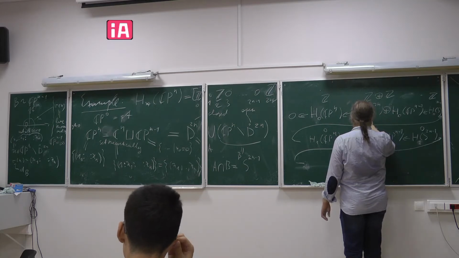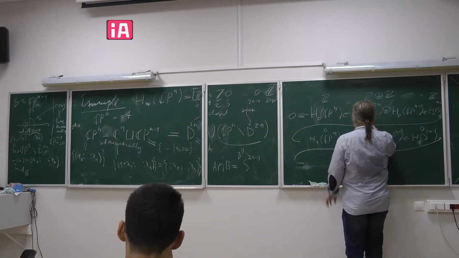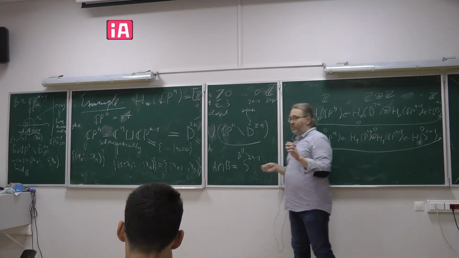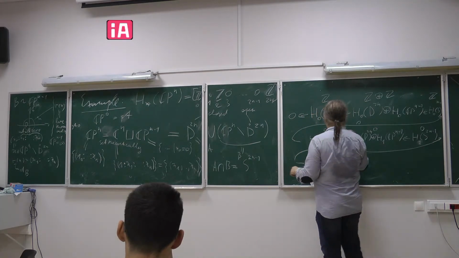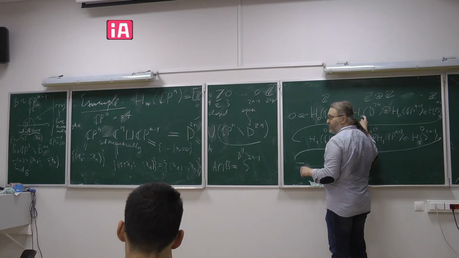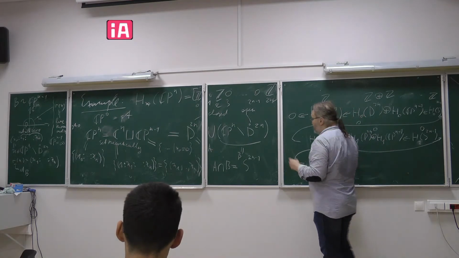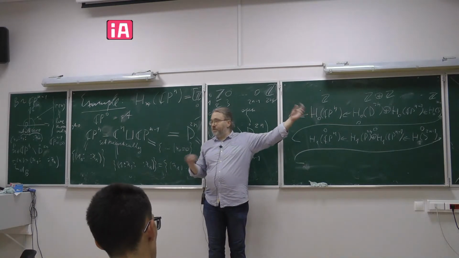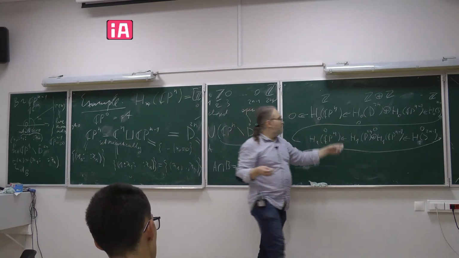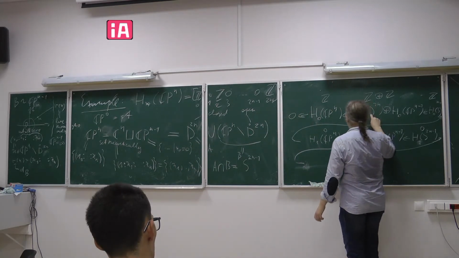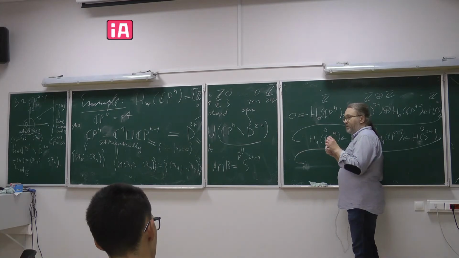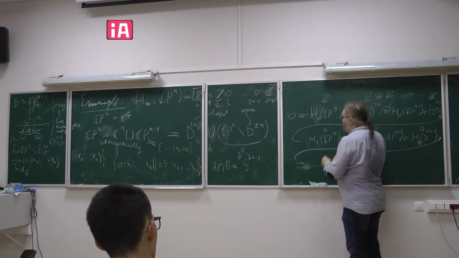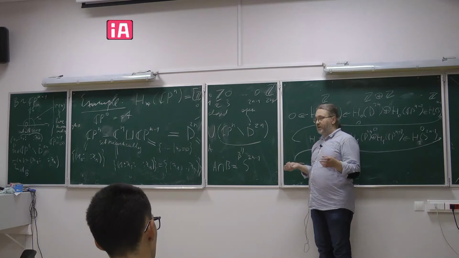Because both these groups... Well, let's look at this one for the sake of definiteness. This Z is generated by every point. It doesn't matter which point we choose. If we take a point inside D, the inclusion of the point in D induces an isomorphism of H0.